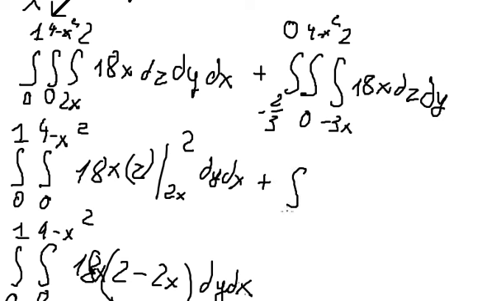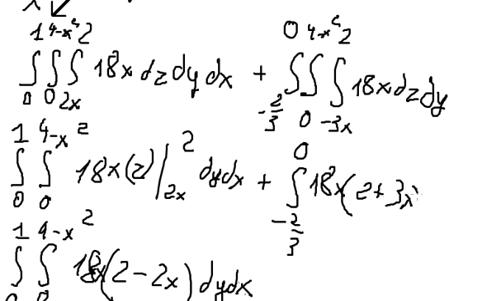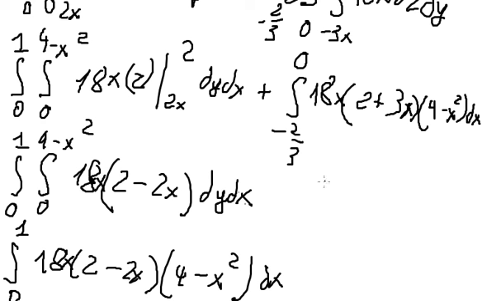Now you can do similar for the second triple integral, and I will skip everything in here. You will have it like this. If we expand and calculate, this one equals negative 464 over 45.